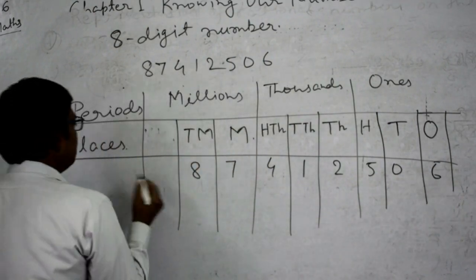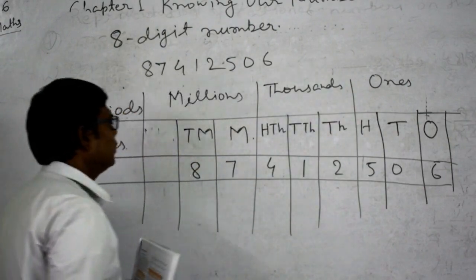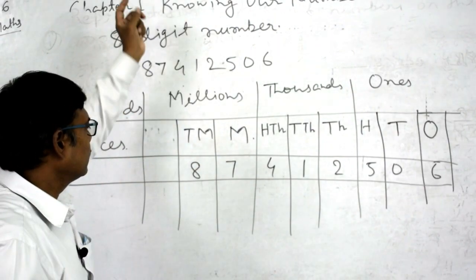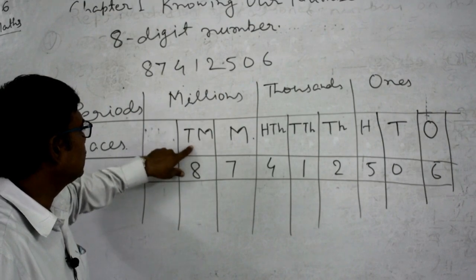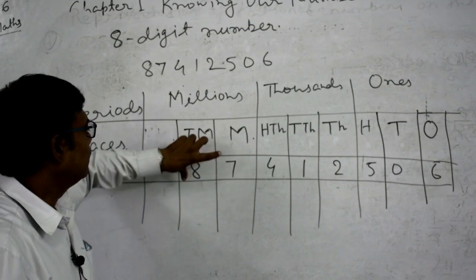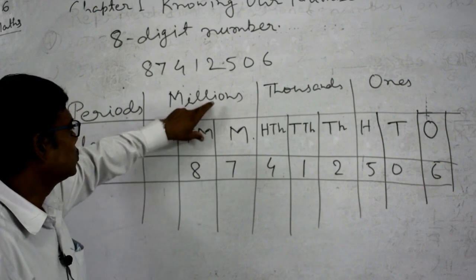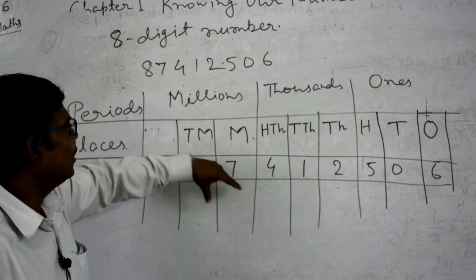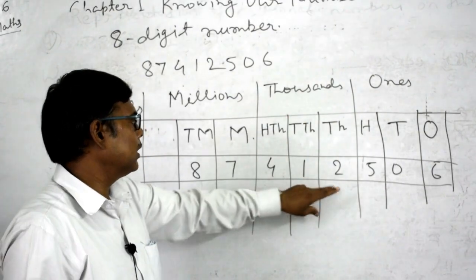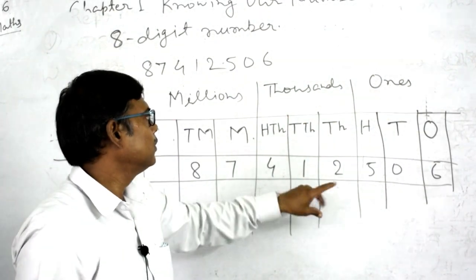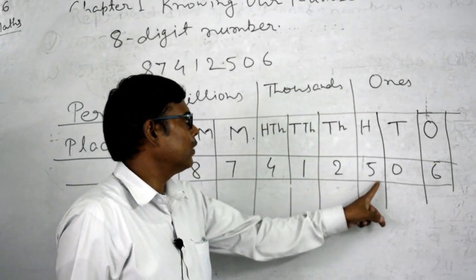So how will we read this number? If you read this number in words, then the millions place, that is 10 millions and then millions, that is 87 million, because these two numbers are in the millions period. So 87 million, and then these three numbers are in the thousands period. So we will read this as 412 thousand, and 506.